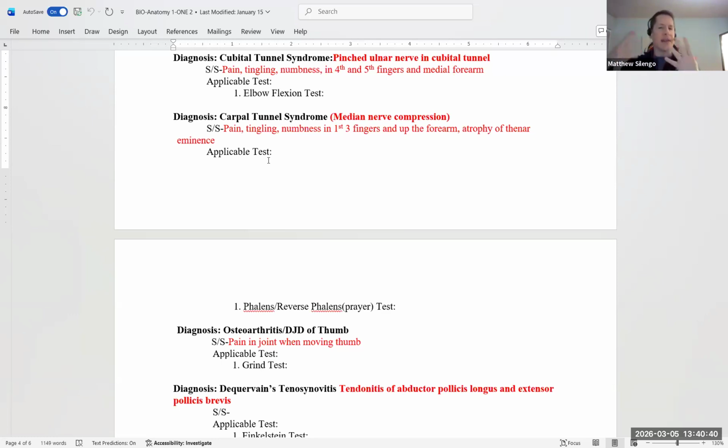So it typically leads to pain, tingling, or numbness down this medial aspect of the forearm, because that's the area that the ulnar nerve innervates, into the fourth and fifth fingers. So if somebody chronically has pain, tingling, and numbness in those areas, it could be because the ulnar nerve is being pinched in that cubital tunnel.